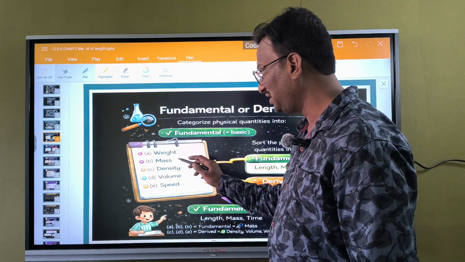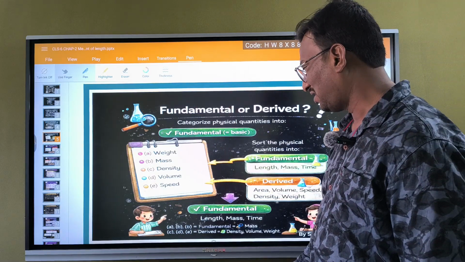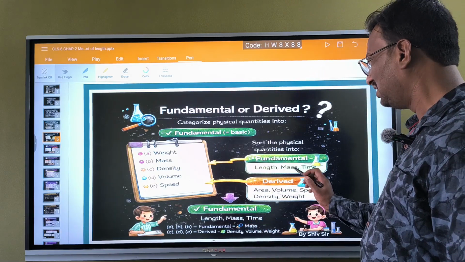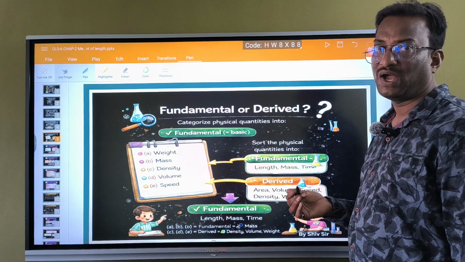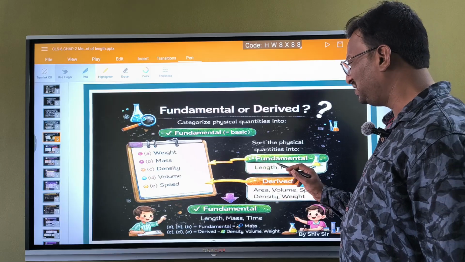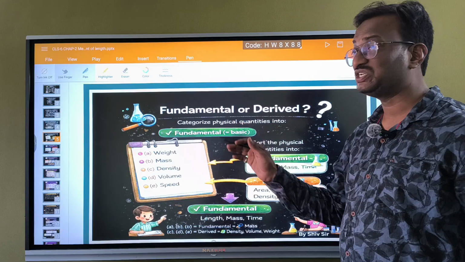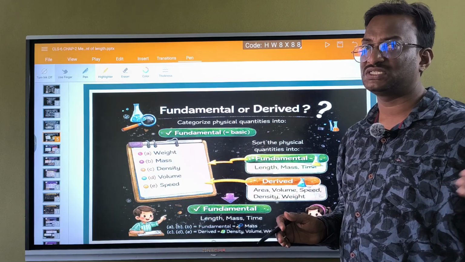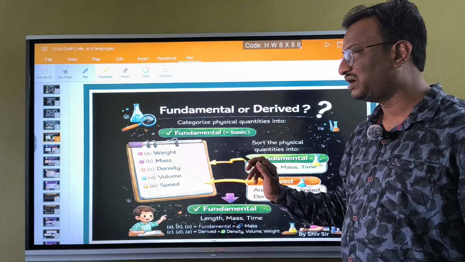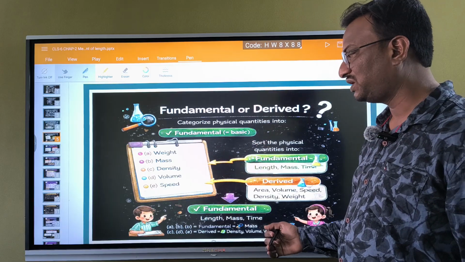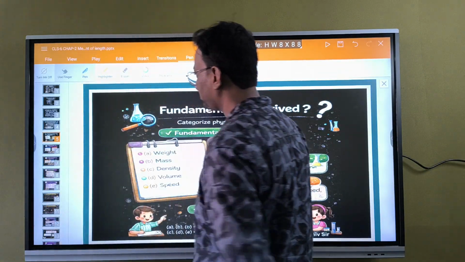Here the fundamental quantity is mass, and all others are derived quantities, because length, mass and time are the fundamental quantities we have already discussed. Weight is not a fundamental quantity. Weight depends on force; how, we will discuss in forthcoming classes. Weight, density, volume and speed are all derived quantities, and here mass is the fundamental quantity.